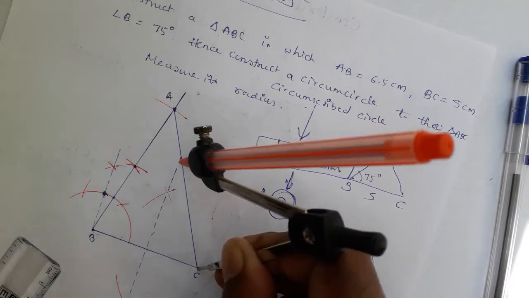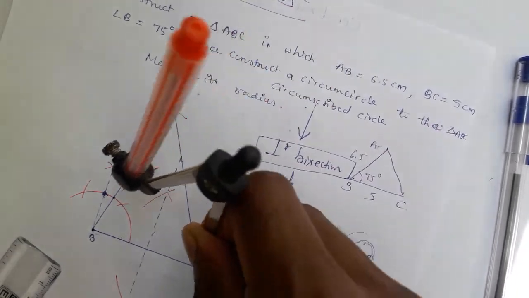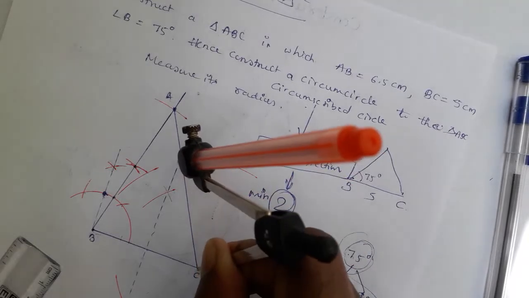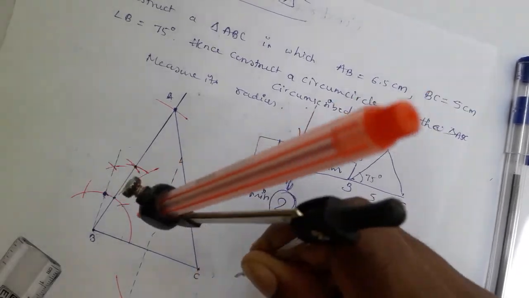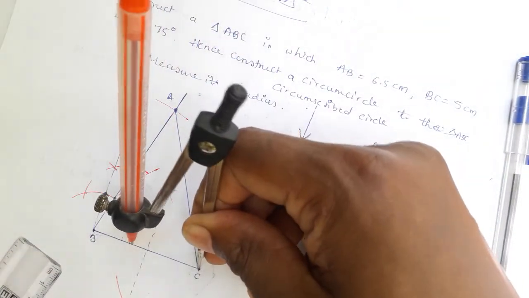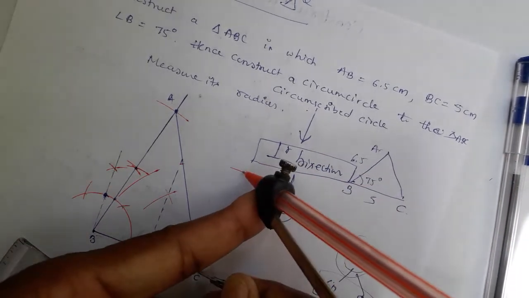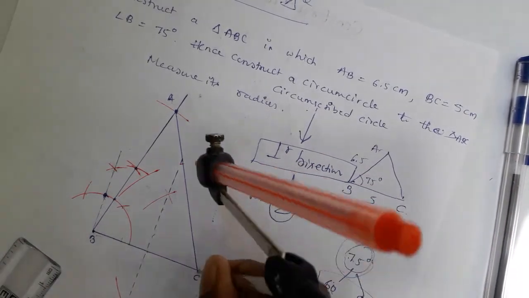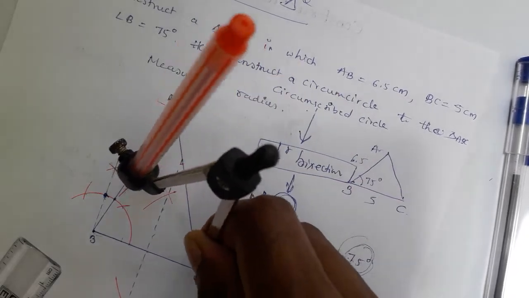After taking more than half of the AC side, one arc on this side and one arc on this side. Remember, whichever side you take more than half of, arcs go on that side's right and left. Before, I took more than half of BC, so above one, below one. Now I took more than half of AC, so right side one, left side one.